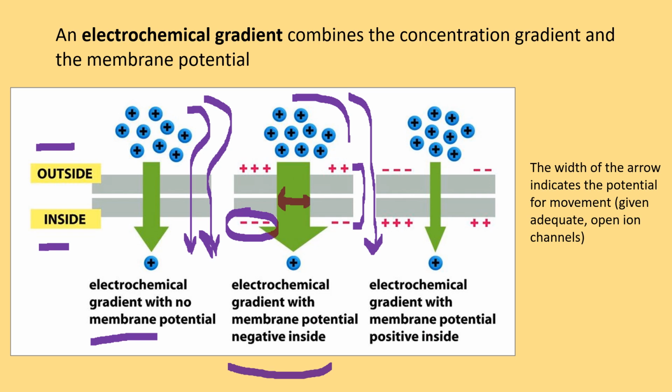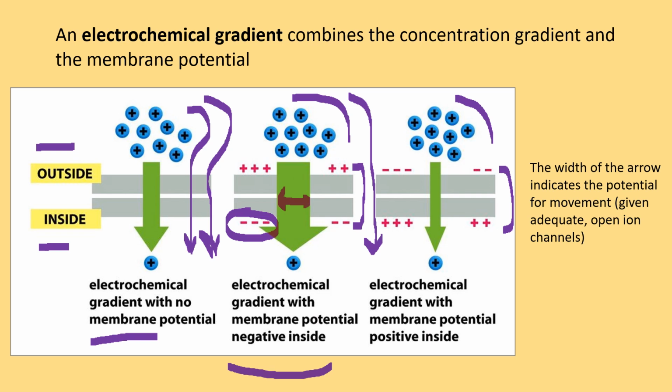All right, let's move to the panel all the way on the left. We also have the combined effects of a chemical gradient and an electrical gradient or a membrane potential, but now the membrane potential is reversed. We still have our same old concentration gradient that we started with, but now our membrane potential exists because there's a distribution of charges along the membrane.